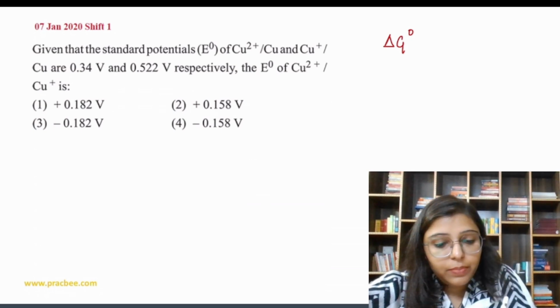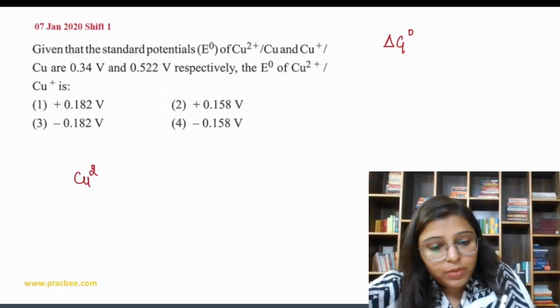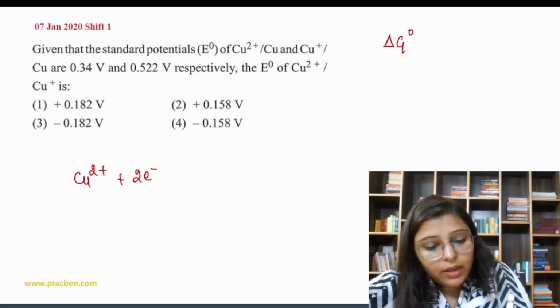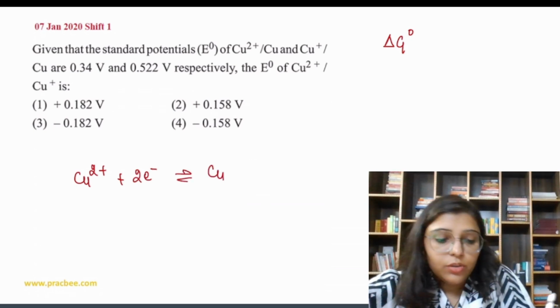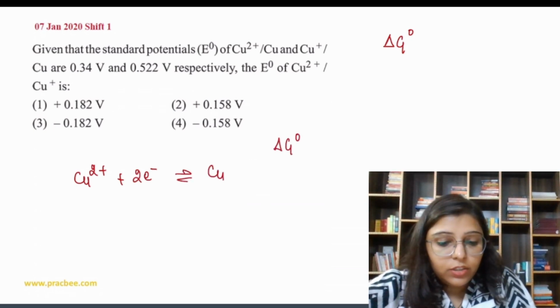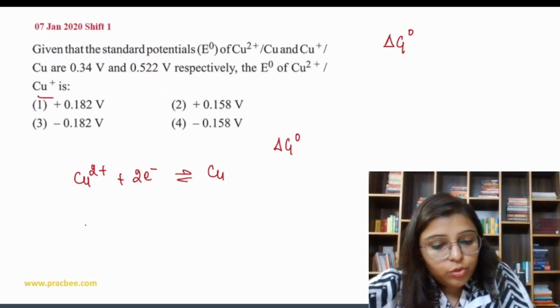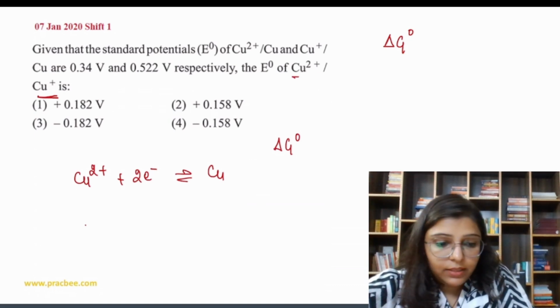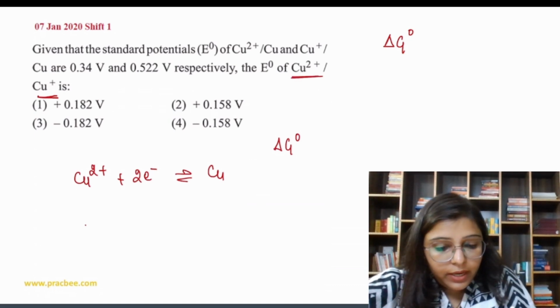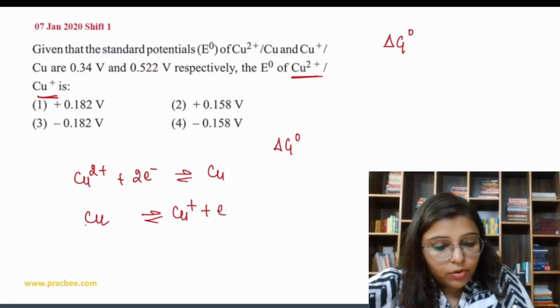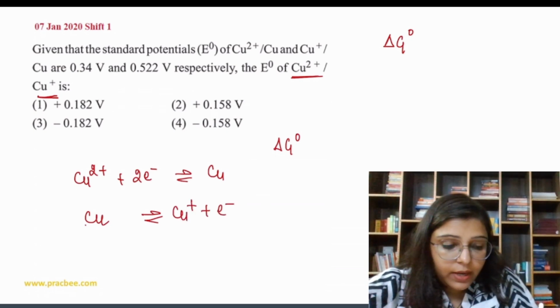For example, we have Cu2 plus plus 2 electrons gives Cu, and here we have to find delta G naught. Then we need Cu plus on the right hand side. So we can write Cu gives Cu plus plus electron.